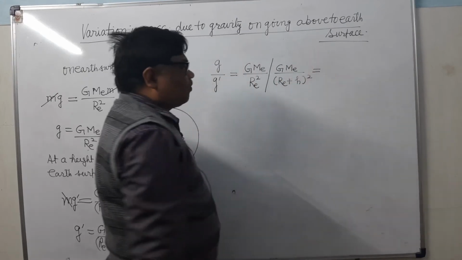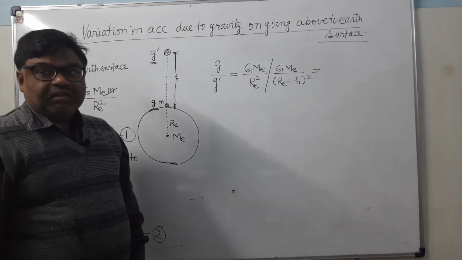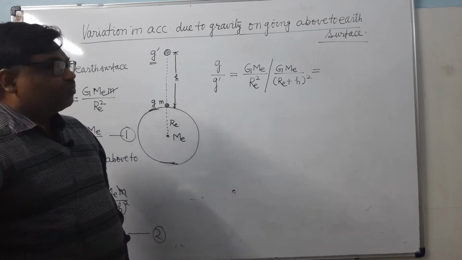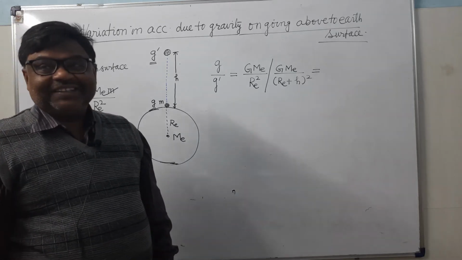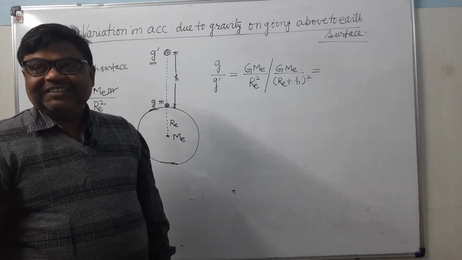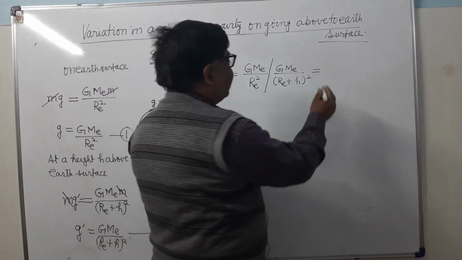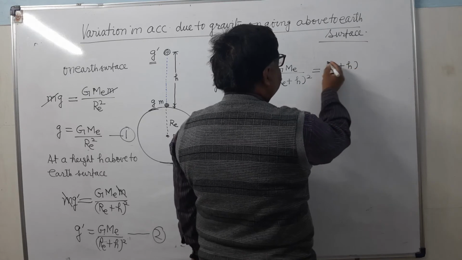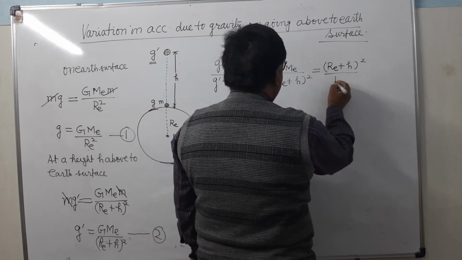When you simplify, what will you get? It will be equal to (Re plus h) whole square divided by Re square.